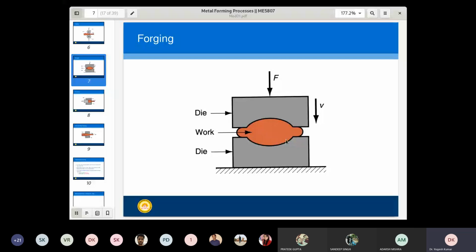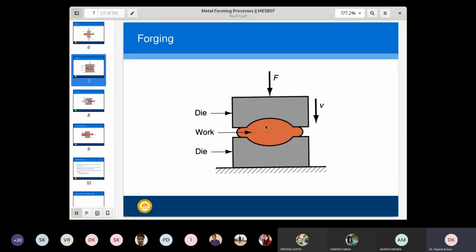It will be a replica of your gear disc. We will place a cylindrical or square piece in between the tool and die, and the force will be applied, and this workpiece will be converted into the shape of a gear disc.